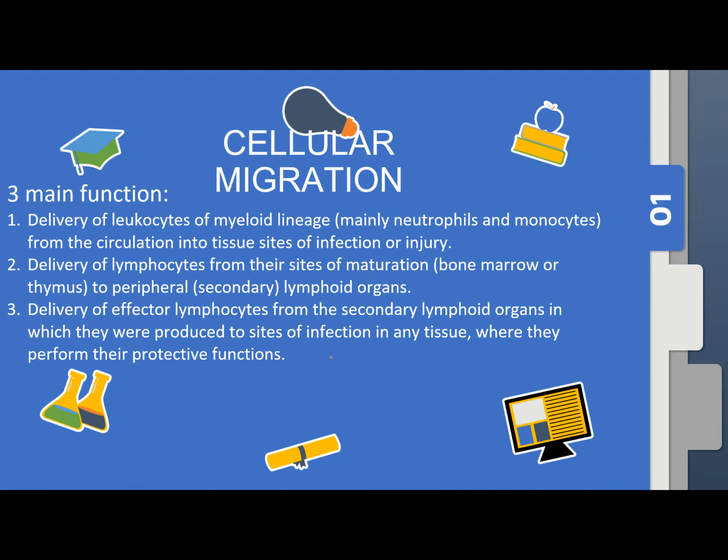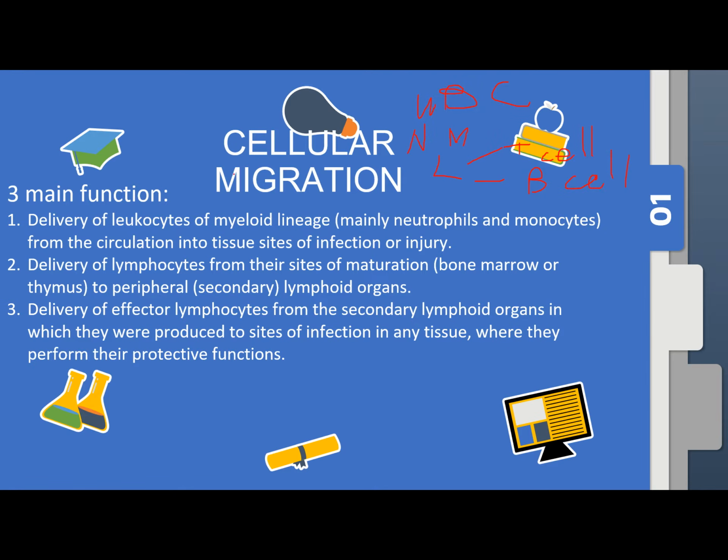Now, whenever we deal with cellular migration, we would often involve your WBC, specifically the commonly one that would react whenever there would be a site of injury. An example of that is your neutrophil, your monocytes, and the different lymphocytes, such as your T cell and your B cell.